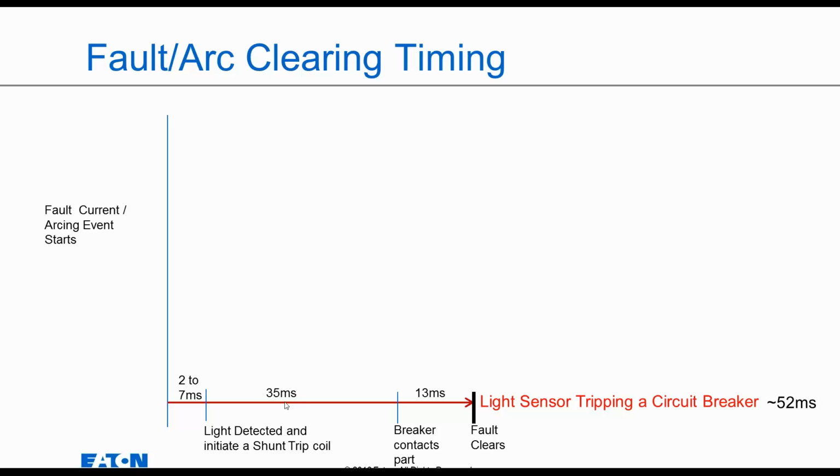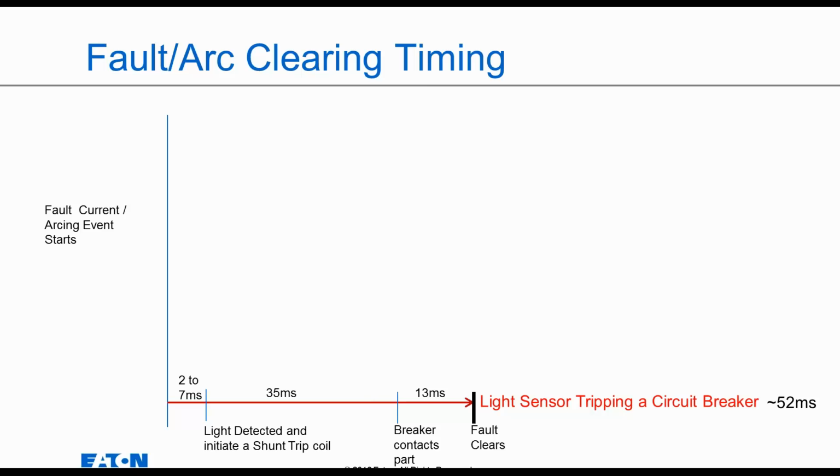The shunt trip coil is energized. It takes about 35 milliseconds for that coil to be energized and to get the whole mechanism of the breaker to start opening.